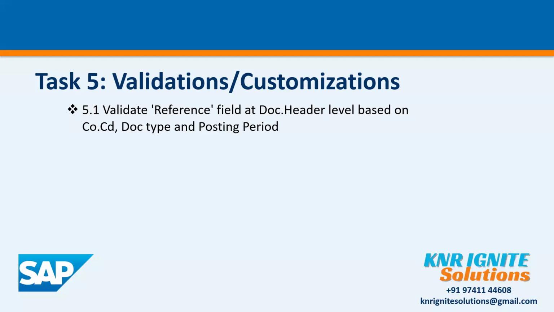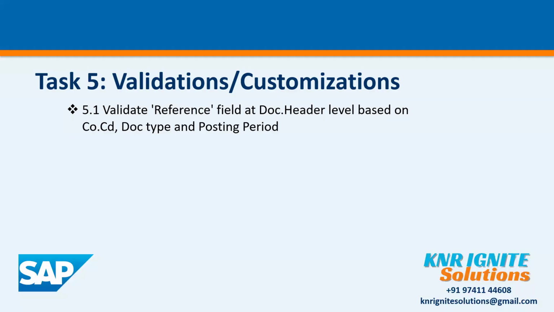Based on multiple criteria or combination like company code, document type, and posting period, these are the three combinations I wanted to use. Let's say you pick any company code that you configured in task one, and for that company code, let's say SA document type.